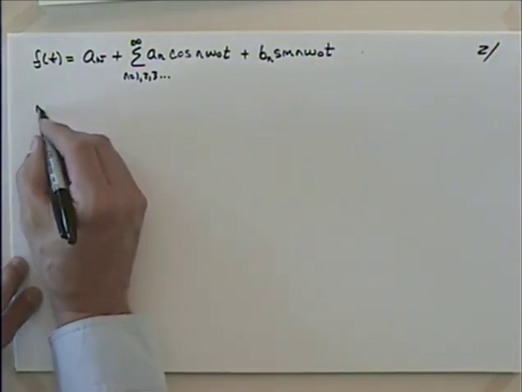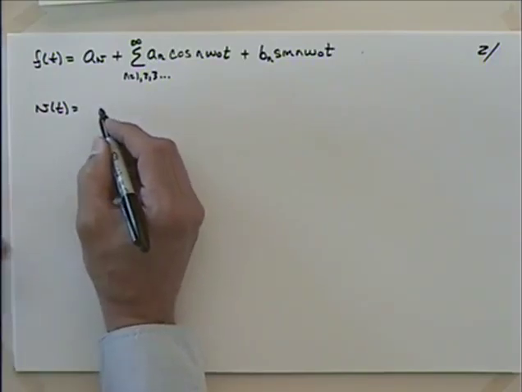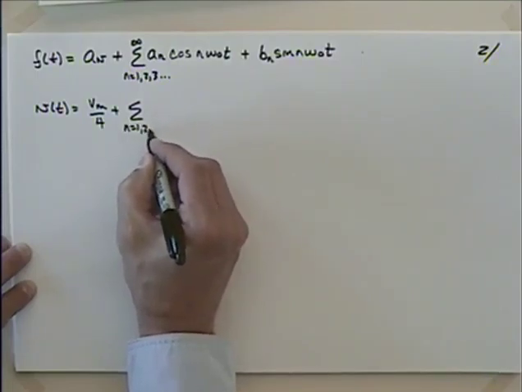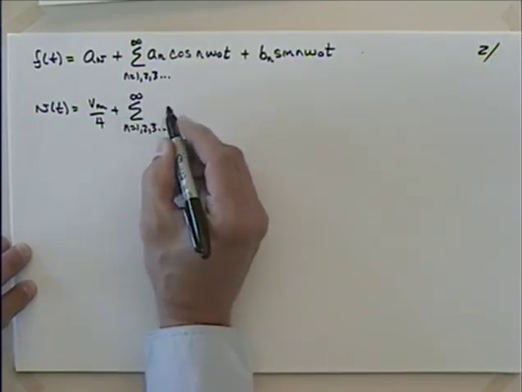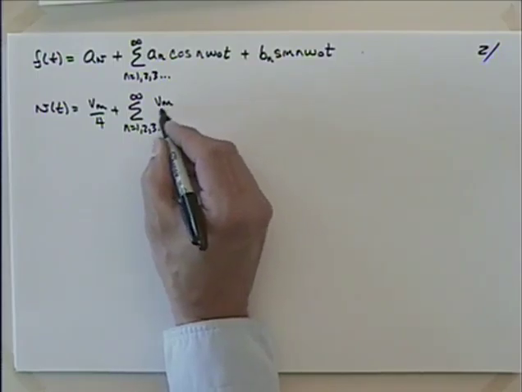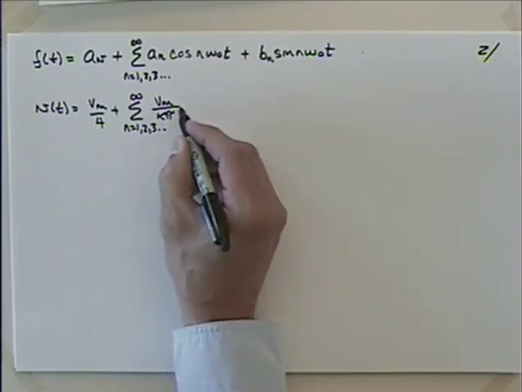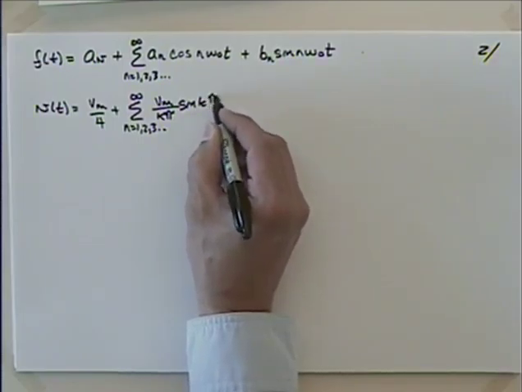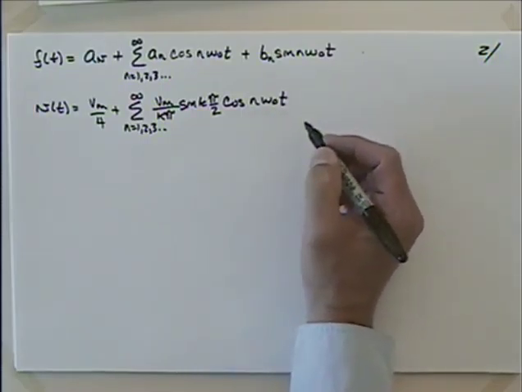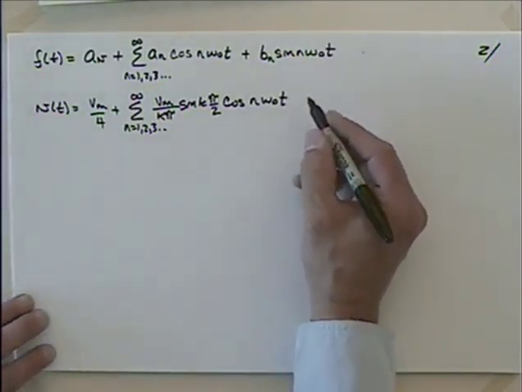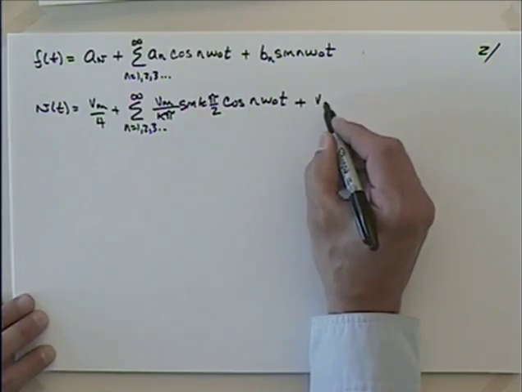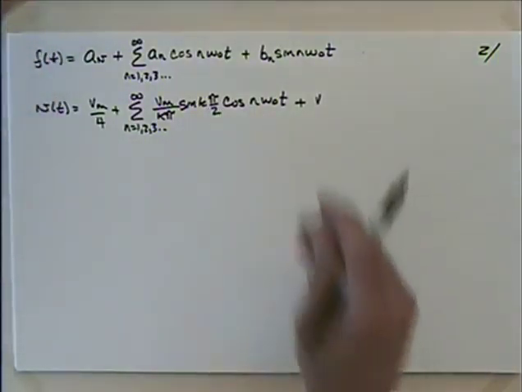So we can say that our function v of t is equal to the average value, which was Vm over 4, plus the sum n equals 1, 2, 3, and so on up to infinity of a sub n, or a sub k, which is going to be Vm over k pi times the sine of k pi over 2 times the cosine of n omega naught t, plus b sub n, which was Vm, now I've messed up with the k, haven't I?